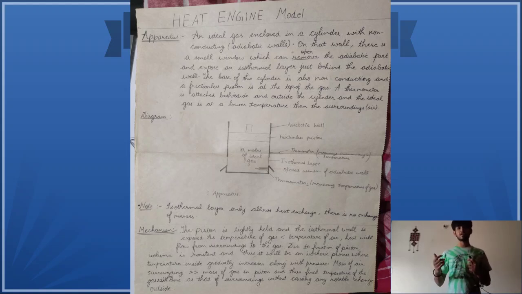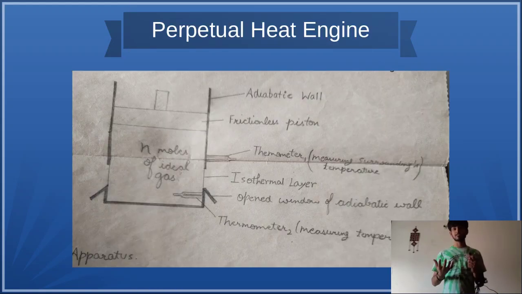Just assume that initially the gas is cold and the temperature outside in the surroundings is relatively hot, and the piston is just staying here. It is frictionless, assuming ideal conditions. Now, the way to start the process is that first I fix the piston in its place so that no work is done, the piston doesn't move.